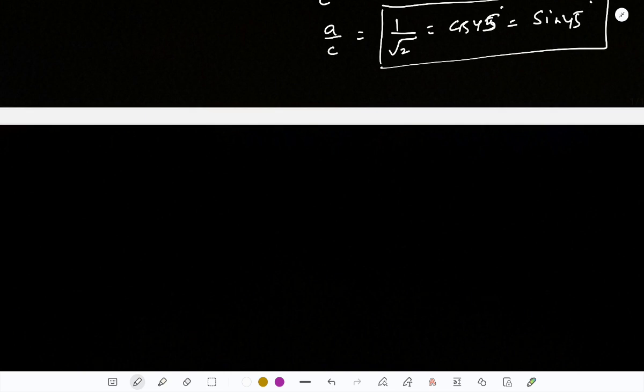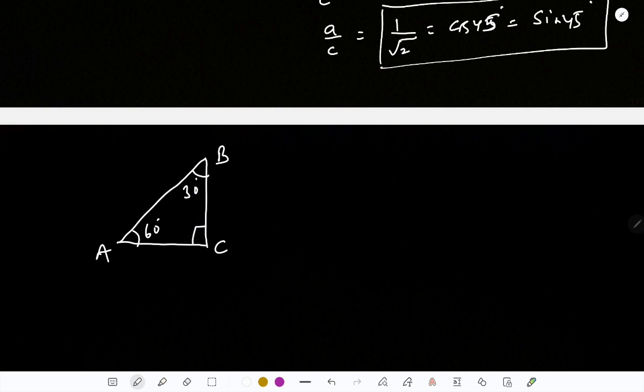But you can do one more thing. Let's make one more right angle triangle like this, and name their corners as A, B and C here, and just take this angle equals 60 degree, and this angle will be automatically 30 degree.